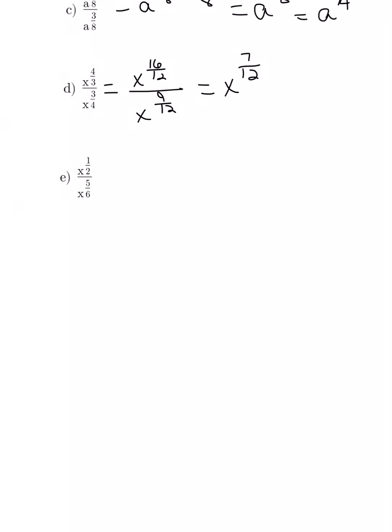For x to the 1/2 over x to the 5/6, the common denominator of those two fractions will be 6. So for the fractional power in the numerator, we need to multiply by 3, and it becomes 3 over 6. The power in the denominator is already a 6, so we're going to leave it as 5 over 6.